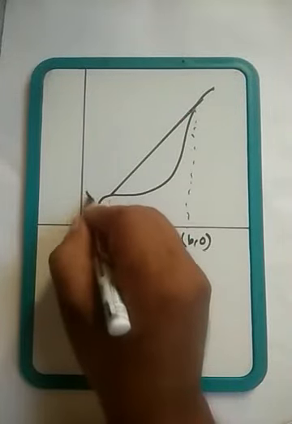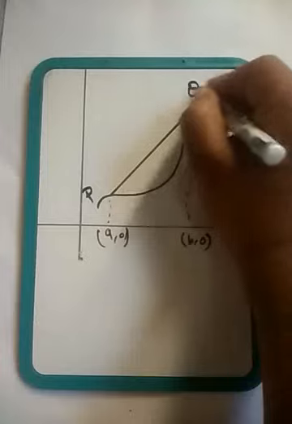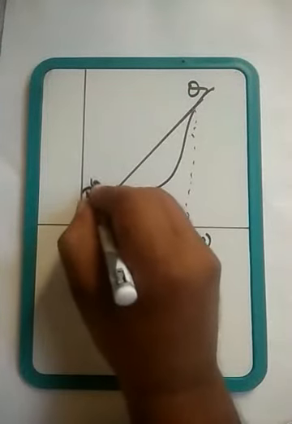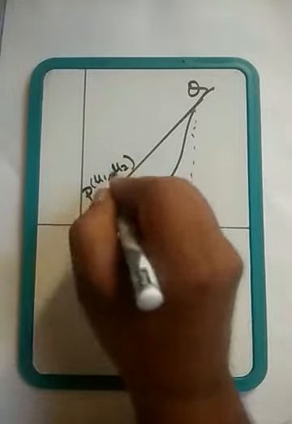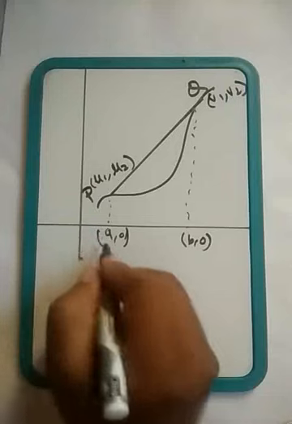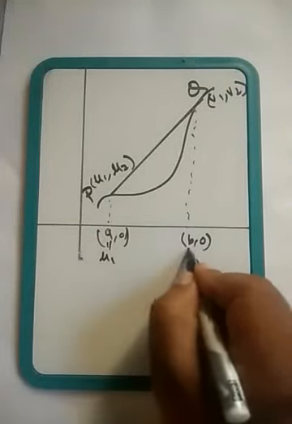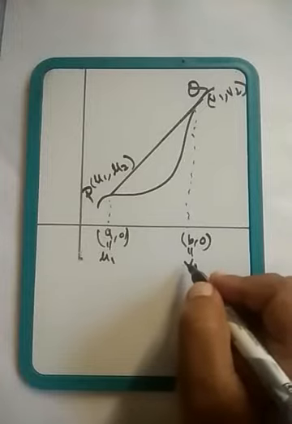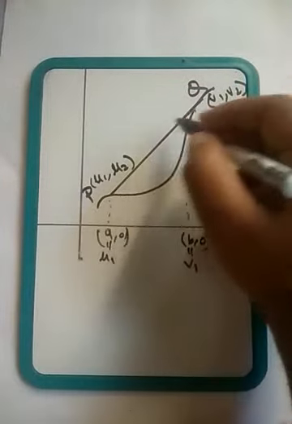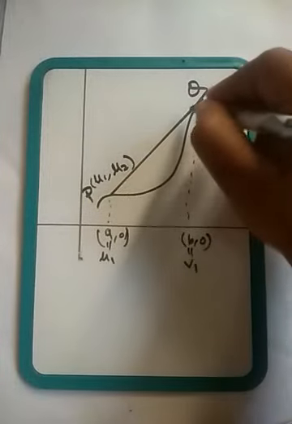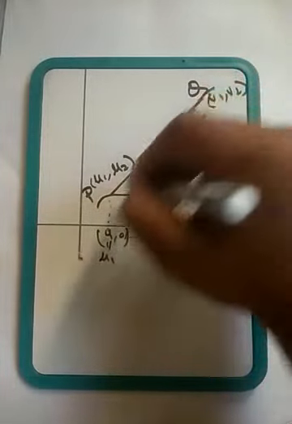If this point P is there and Q is there, P is maybe U1 comma U2 and Q is V1 comma V2. So A is nothing but U1 and B is nothing but V1. So this is the graph. Suppose f is the function here. This is the graph of f, and this is the line segment joining P and Q.